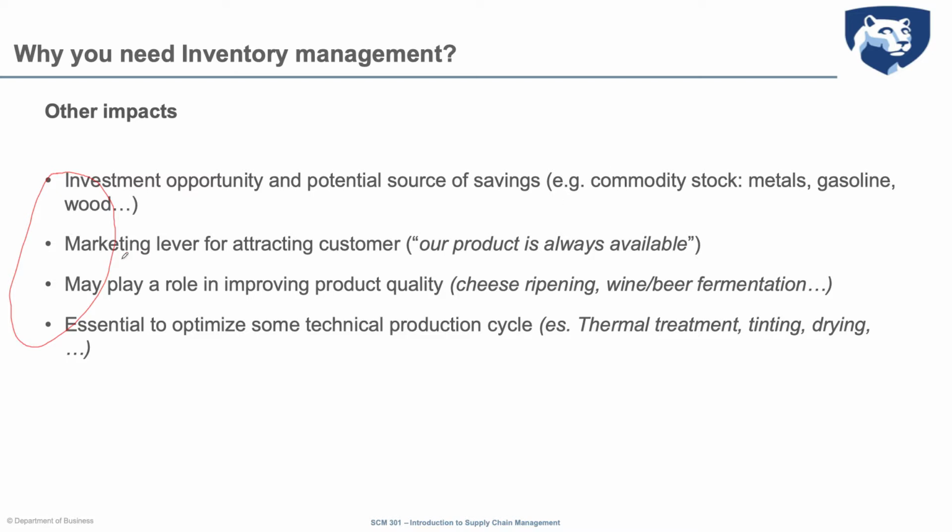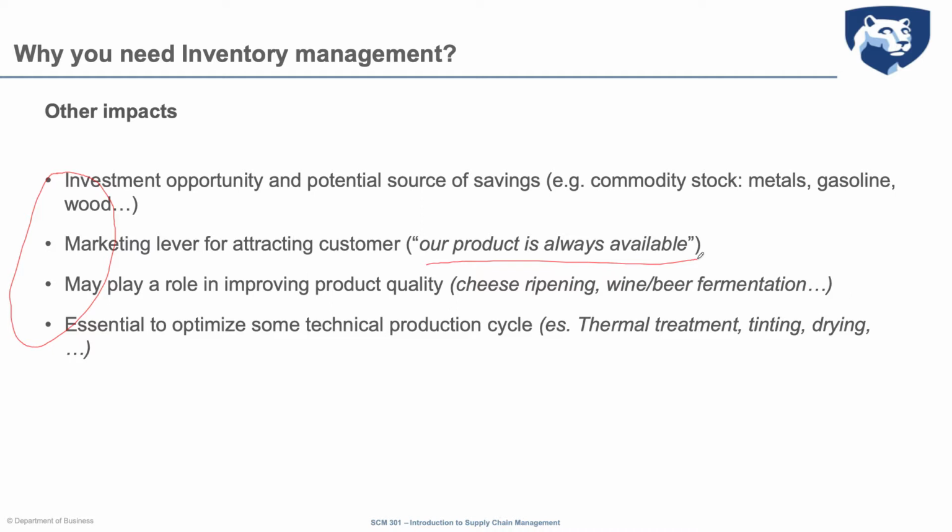It can be a marketing lever to attract customers. I always make the example of Blockbuster, when it was still alive and had a business model which was up to date. It was promising customers that if they were not able to find the copy they were looking for, they would rent this copy for free when it became available. Why?